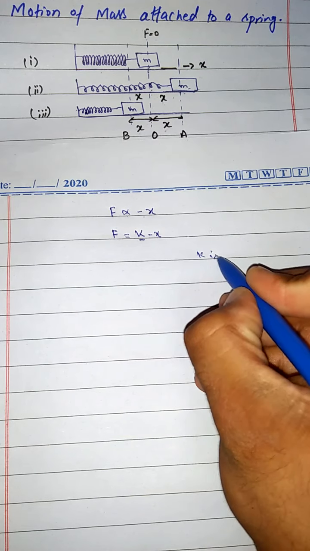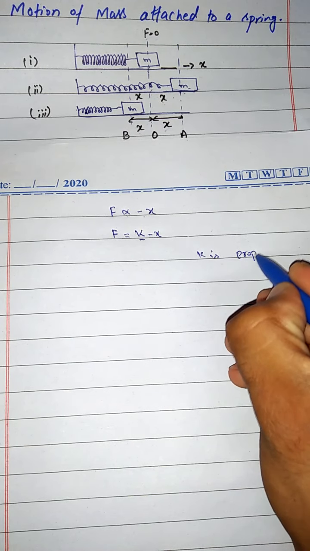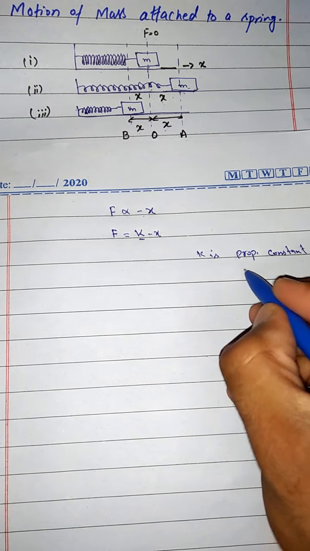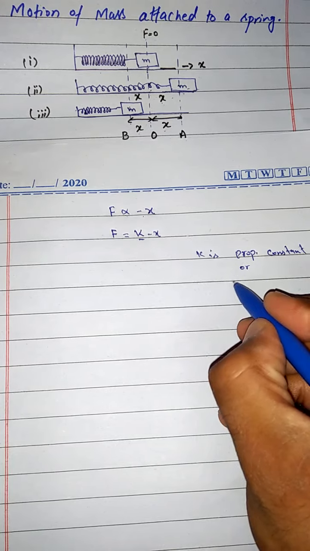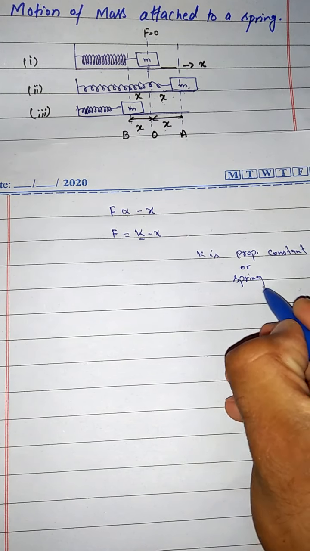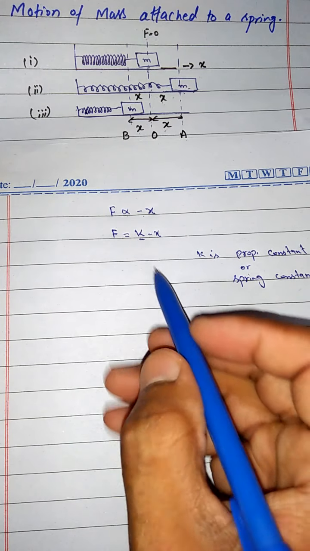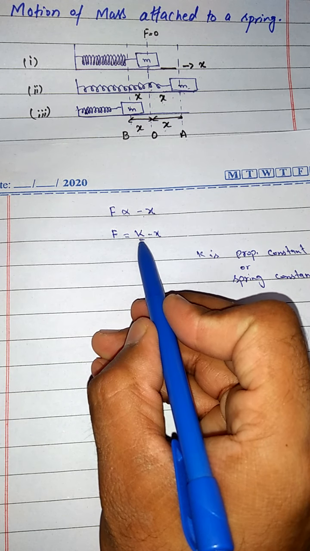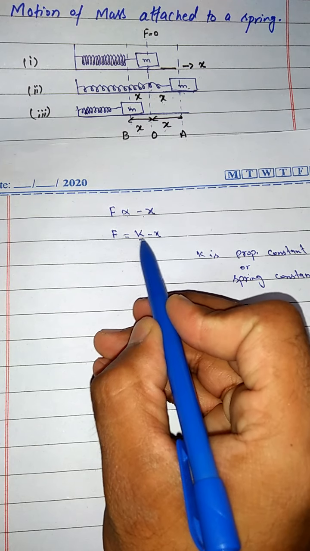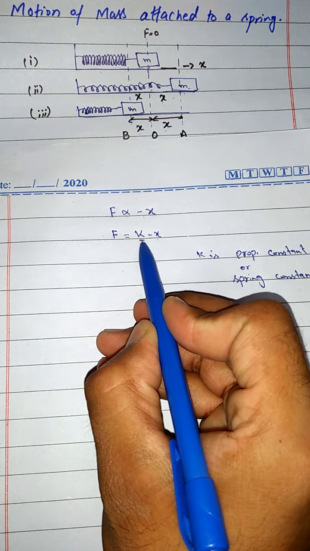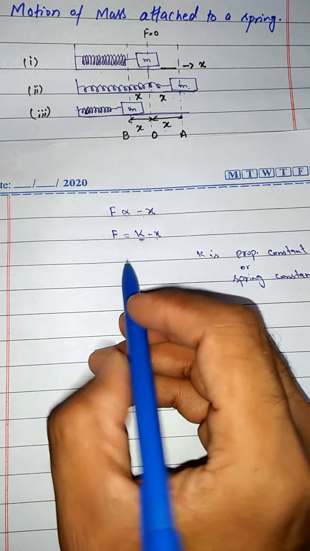Here, k is the proportionality constant, in other words the spring constant. If we want to find the constant of the spring, it can be found: here minus x is multiplied with k, and when we take it to the other side, it becomes a divisor.